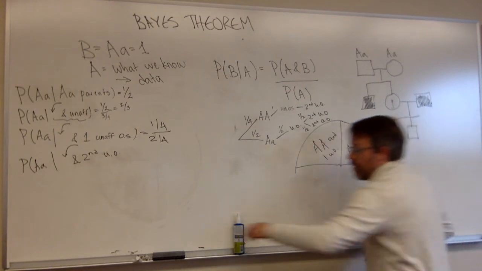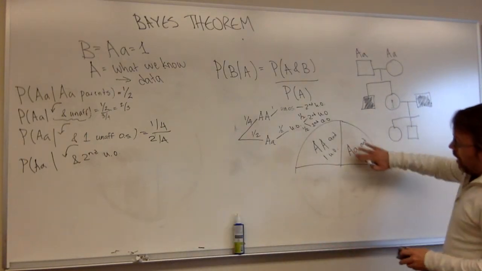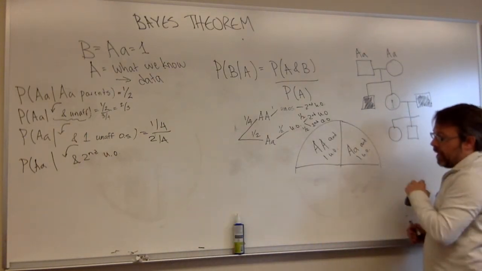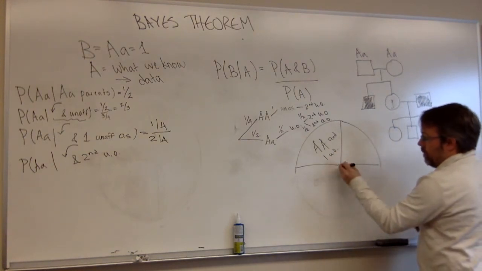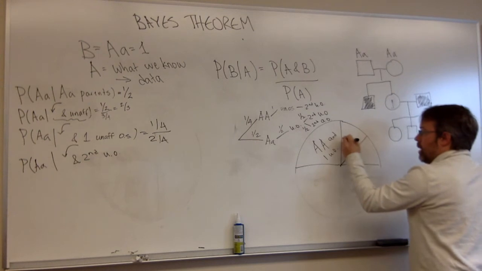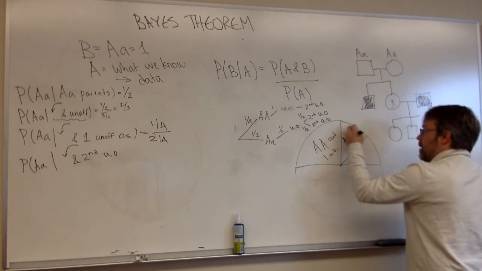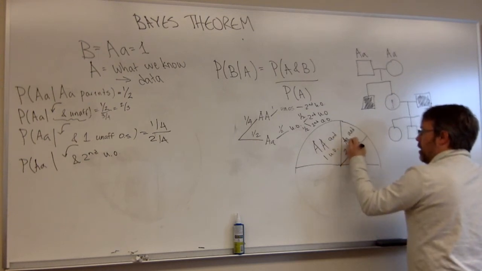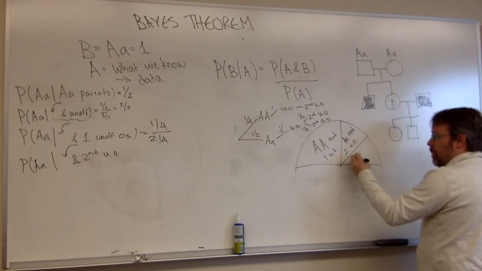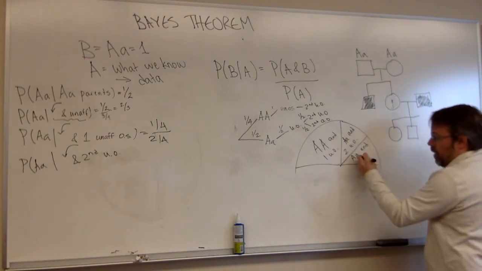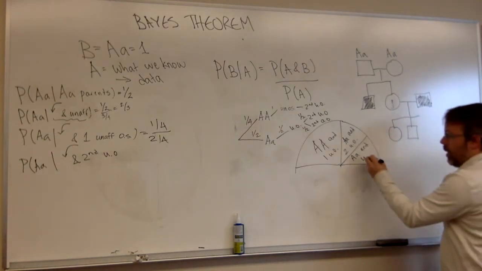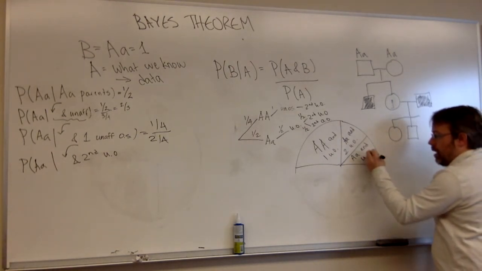And then in our pie method, this again splits in half: big A, little a, and one affected offspring. But the second offspring means we could have big A, little a, and two unaffected offspring, or big A, little a, and one unaffected offspring, then an affected offspring.